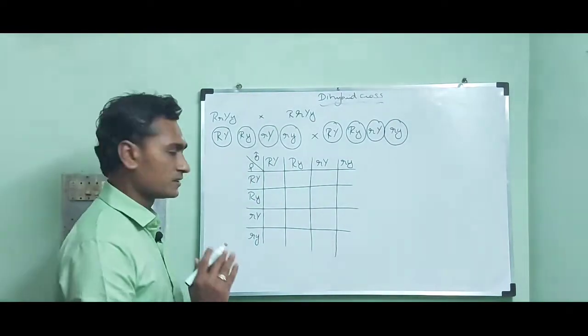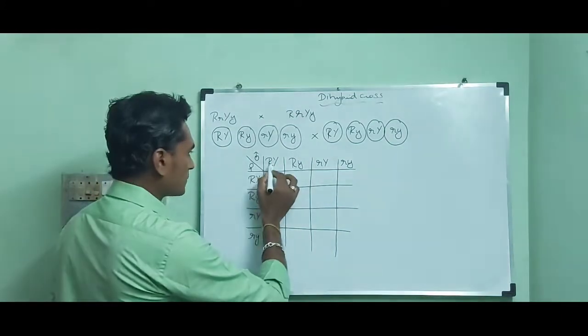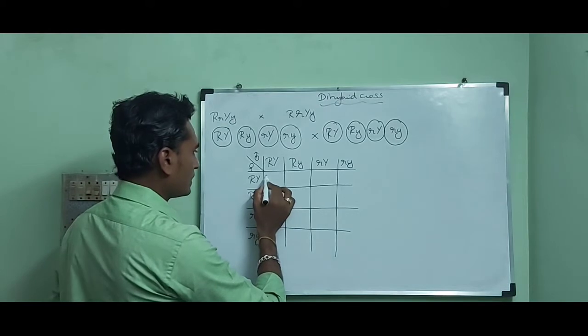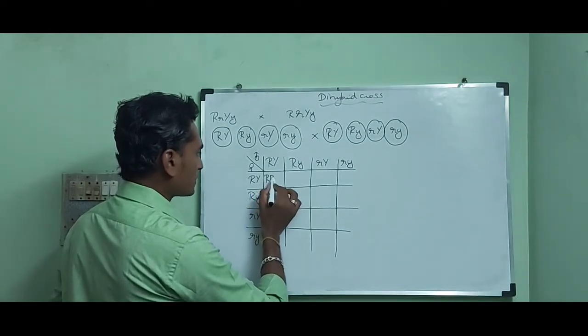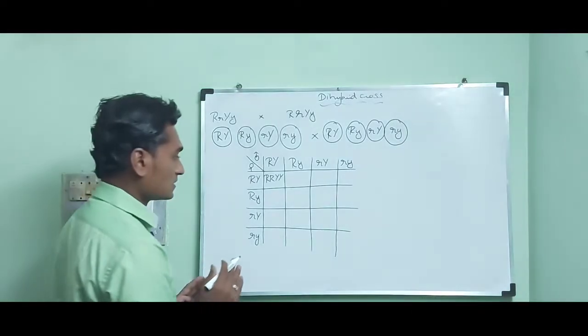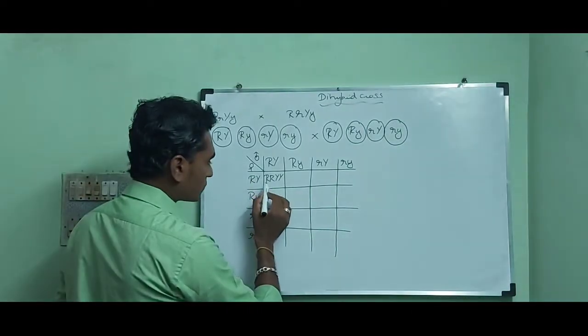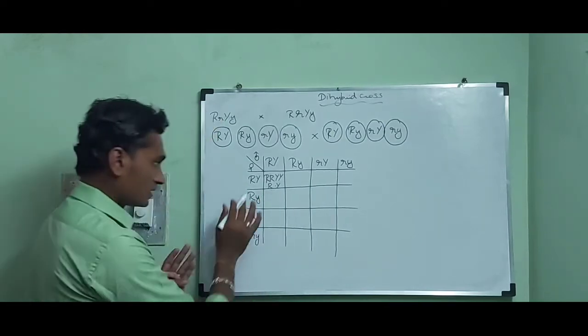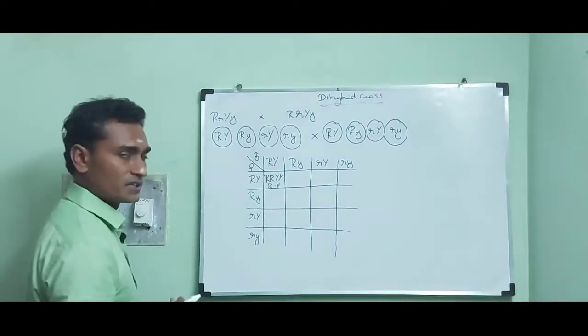Now I am going to make fusion between these gametes. So please listen carefully. First I am going to make a fusion between these two gametes. Capital R, capital R, capital Y results in the young one, and it shows the phenotype round yellow because it contains all the dominant alleles.